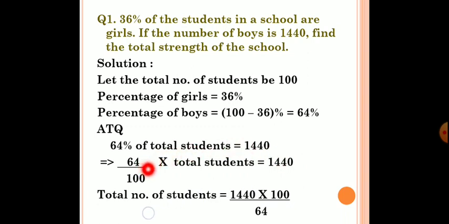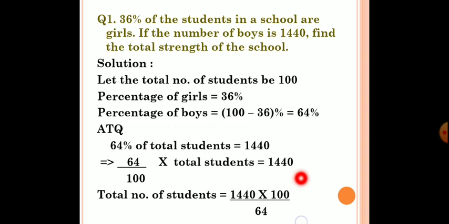Now we'll keep total students on the left hand side, because that is what we have to find, and we'll bring the 64 by 100 to the right hand side. This 100 is in the denominator, so when we bring it to the right hand side it will be multiplied and placed in the numerator. This 64 in the numerator will come to the right hand side and will be placed in the denominator as division.